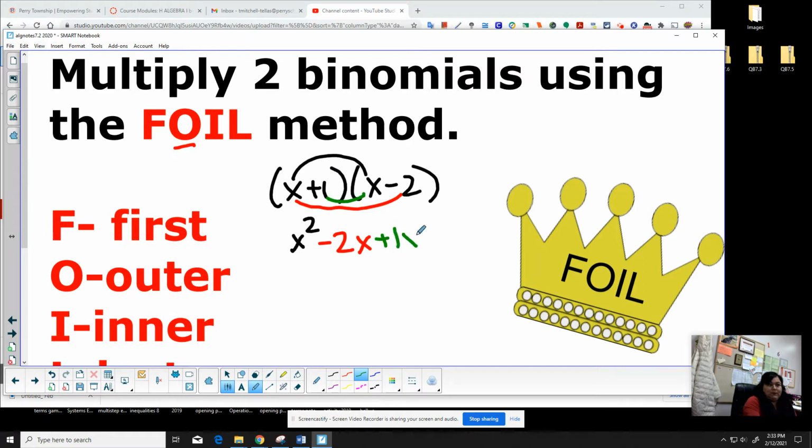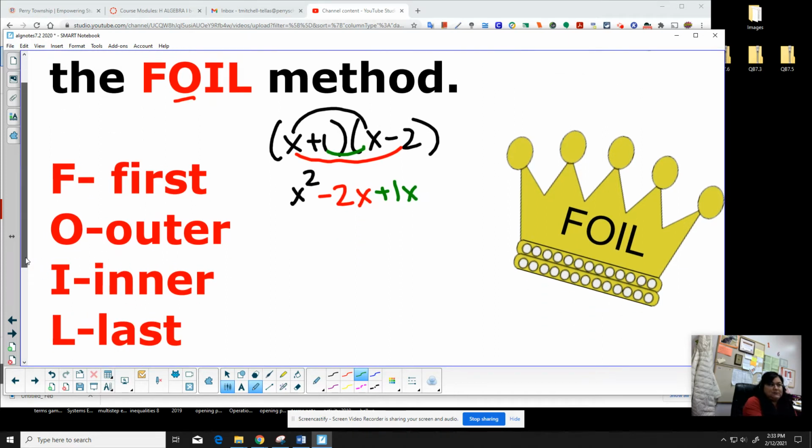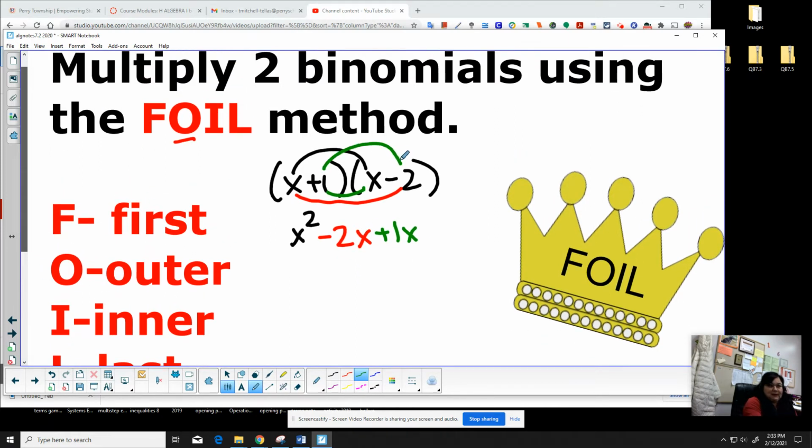So positive 1x. And then I multiply my last terms, and that's 1 times negative 2. So that's negative 2. And then I combine like terms if I can. And I usually can combine the middle two terms right there. So that will make it x squared minus x minus 2.